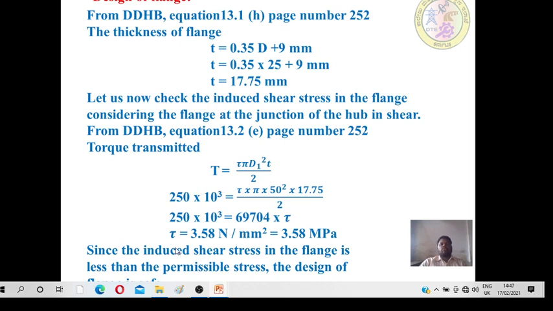So tau equal to 3.58 Newton per mm square, which is also equal to 3.58 MPa. If you compare this induced stress of the flange with the allowable shear stress, this induced stress is less than the allowable or permissible stress. Therefore, the design of the flange is safe and the values we have taken for the flange are satisfactory.